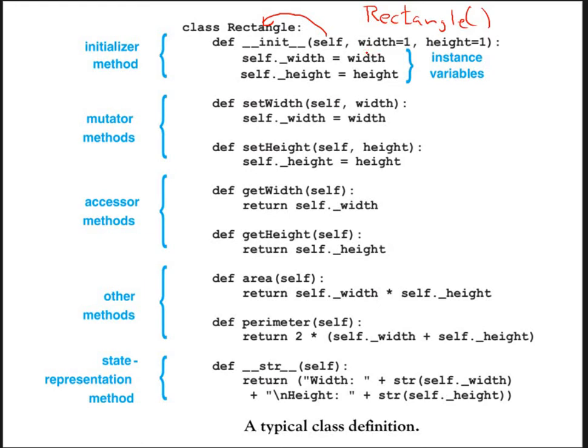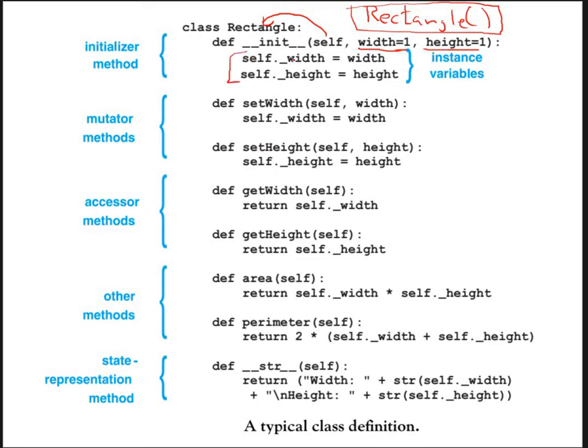And going back to our discussion on functions, we said that if you give these parameters values, then these are going to be default values. So you don't have to give these values if you want to keep the width and the height 1 meter. With this code, you can create a class, and since you did not give any parameters, you'll create a rectangle with width 1 and height 1.